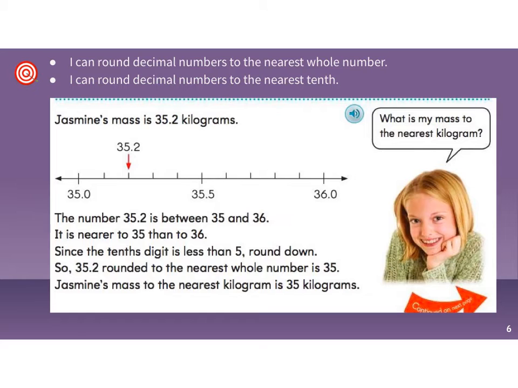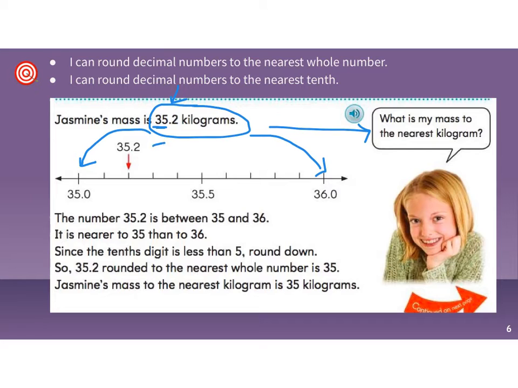Same with this. Jasmine's mass is 35 and 2/10 kilograms, and I want to round to the nearest kilogram or round to the nearest whole number. So that means a number without a decimal point. So I want to go to the nearest ones place. 35.2 is going to be between 35 and 36 on a number line. What's it closer to?